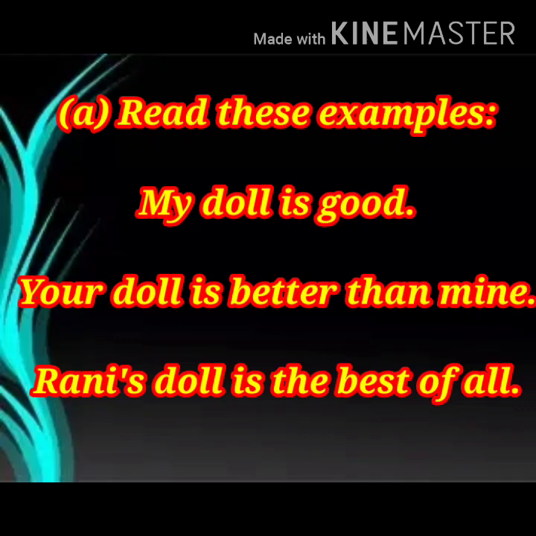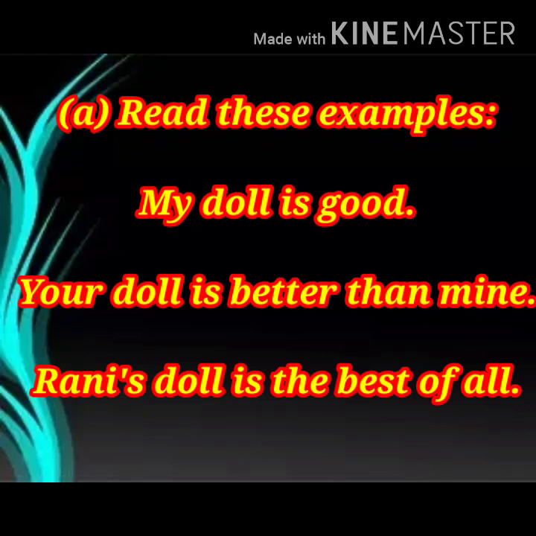In the second sentence, the adjective better tells us that your doll compared to mine has more of that quality of goodness. In the third sentence, the adjective best tells us that Rani's doll has the greatest amount of that quality of goodness.